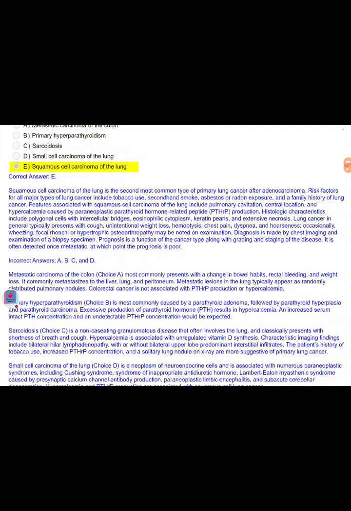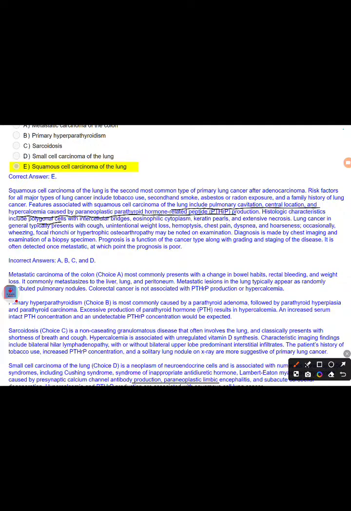Features of squamous cell carcinoma of the lung include pulmonary cavitation, central location, and hypercalcemia caused by paraneoplastic parathyroid hormone-related peptide.